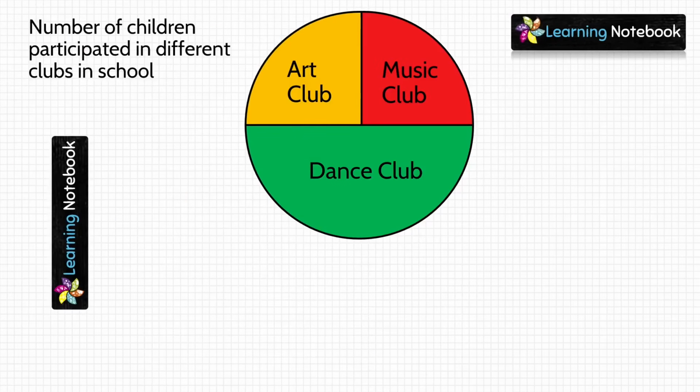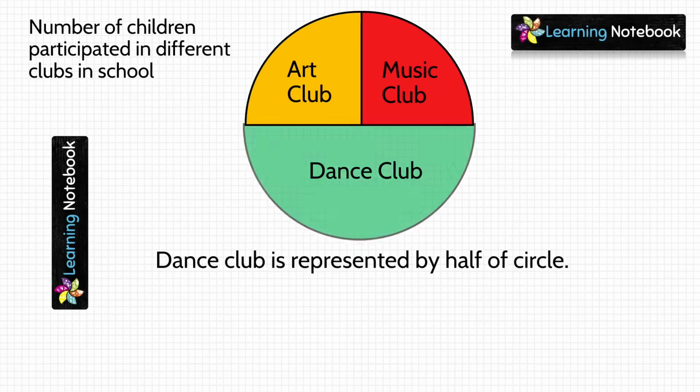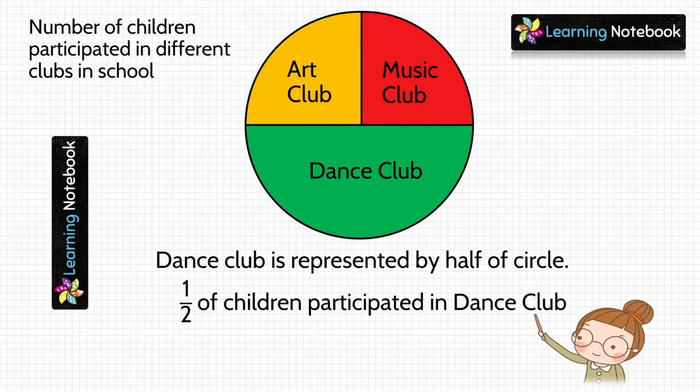Now let's learn how to read this pie chart. Here dance club is represented by half of the circle. So it means half of the children participated in the dance club.